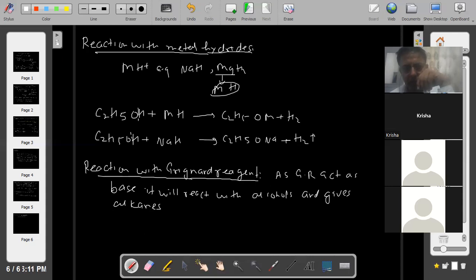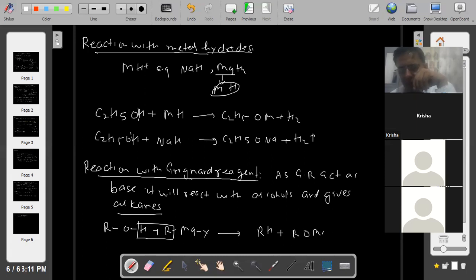Like ROH plus RMgX. Because it will remove H, it is basic in medium, while the alcohol is acidic in medium. You will get RH plus ROMgX.